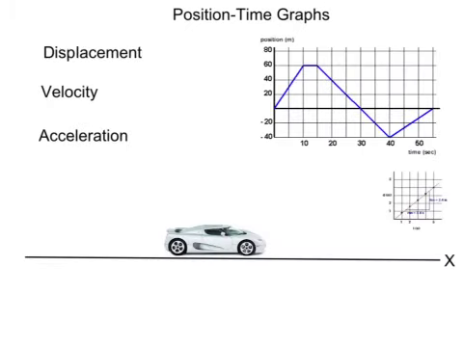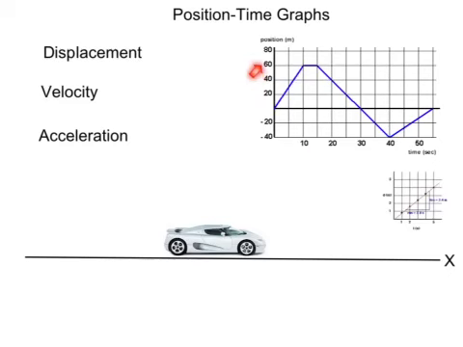So position time graphs give us three pieces of information about an object's motion. They will give us the displacement, they'll give us the velocity, and they give us the acceleration. Here's an example of one here. This object starts here at the origin at position 0, and its position changes over the first 10 seconds.